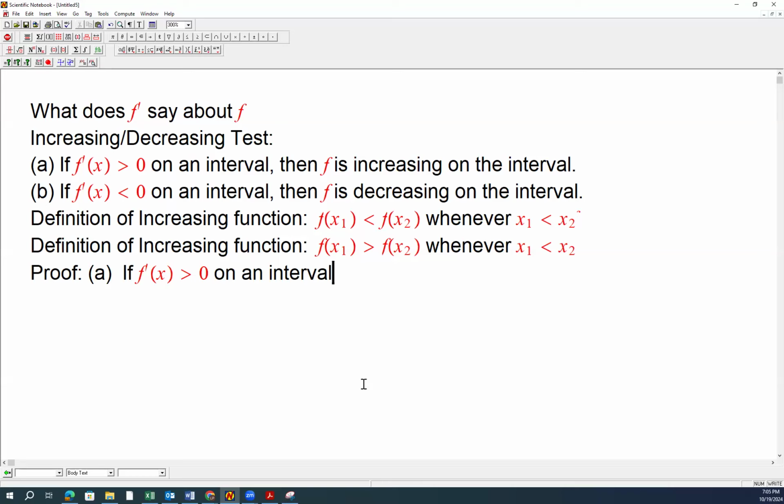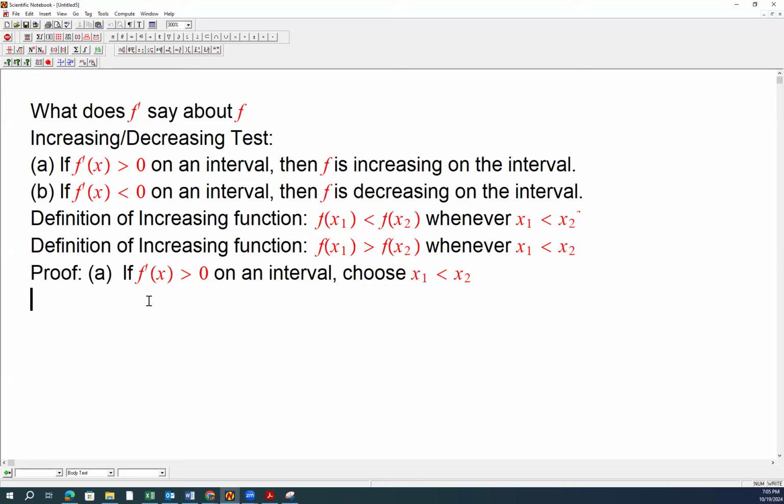And we choose two points arbitrarily, x1 and x2. Of course, we can arrange them in order, so make x sub 1 less than x sub 2. These are chosen arbitrarily from that interval.